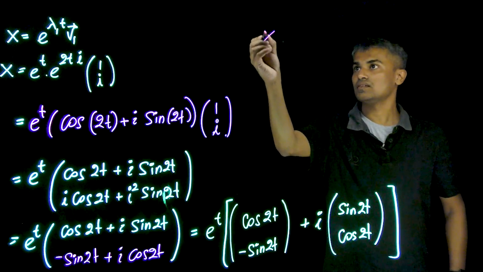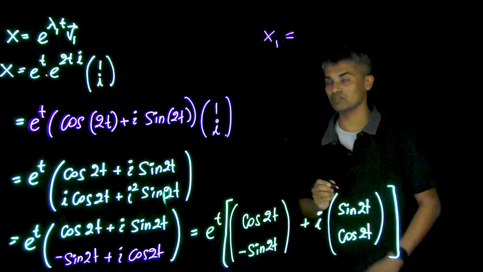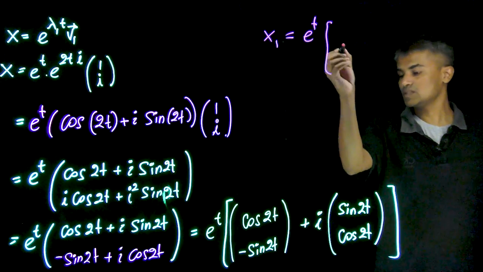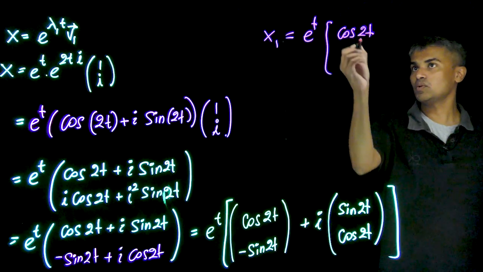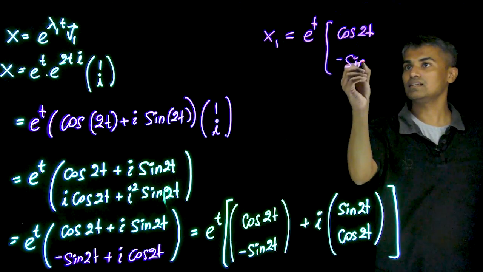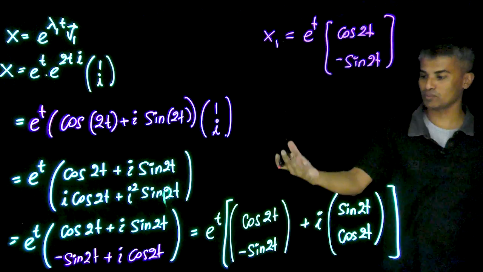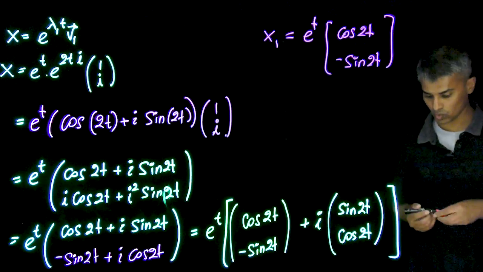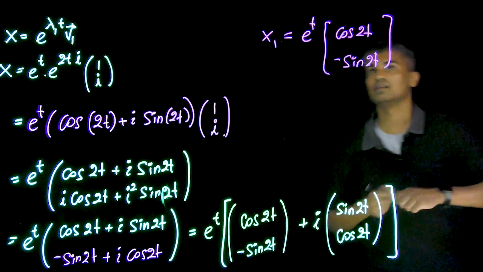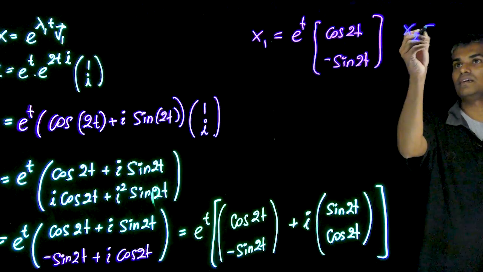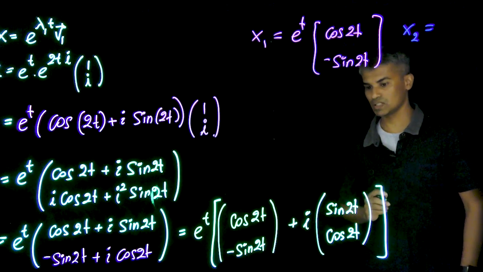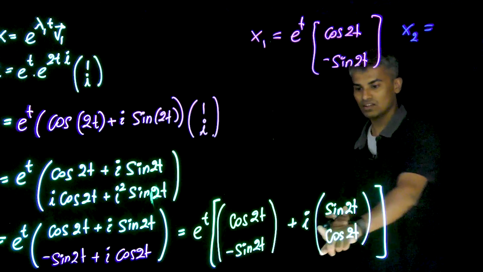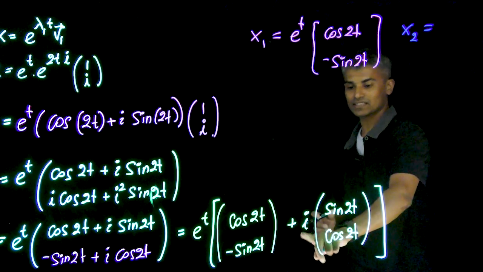So now let's say x1, one solution would be e to the t times (cosine 2t minus sine 2t). This comes from the real part of this solution, and then x2 equals the imaginary part of the solution. So when we take the imaginary part, we have to omit this i.